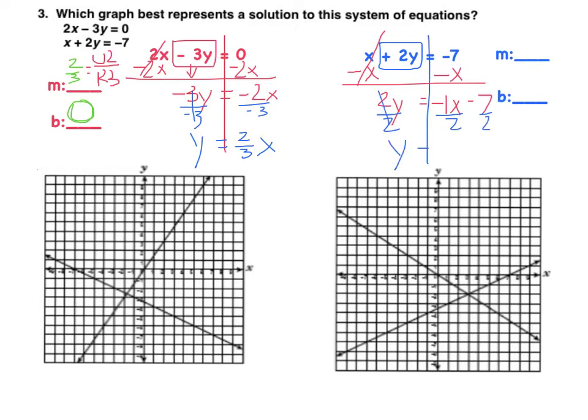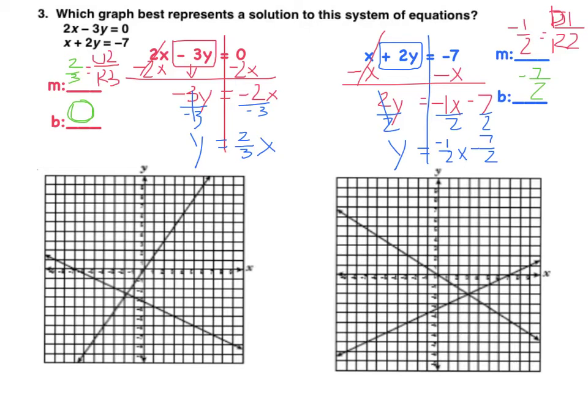We get y equals negative 1/2 x minus 7 over 2. The slope, negative 1 over 2, which means the directions are to go down 1 to the right 2. And then the y-intercept here is a fraction, negative 7 over 2.